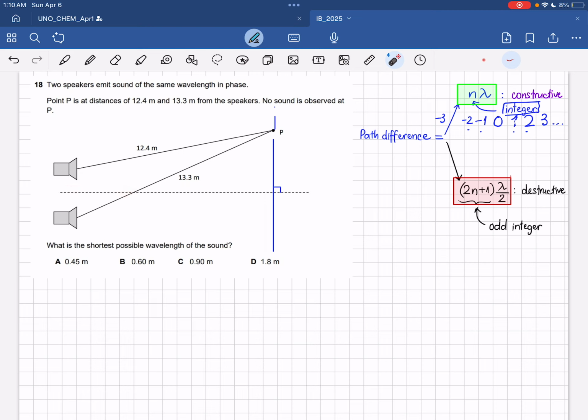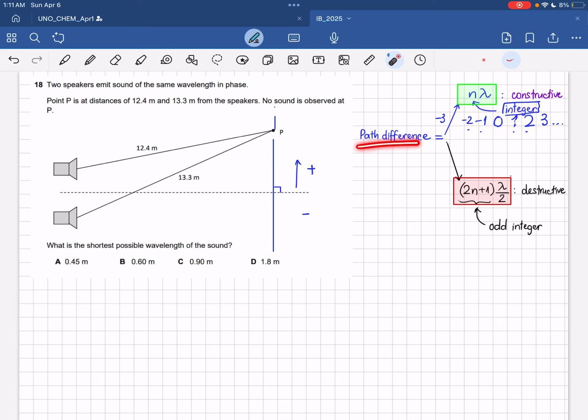Everything above that horizontal line will be positive, and the other direction would be negative, just to help determine the position of the fringe on the screen. So this should be negative, and this should be positive.